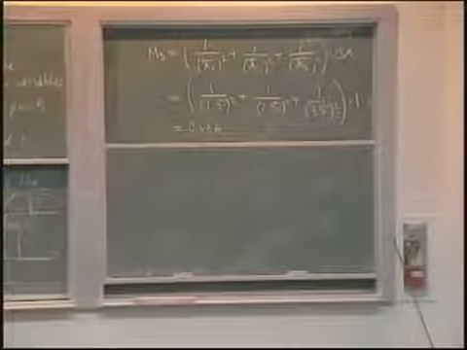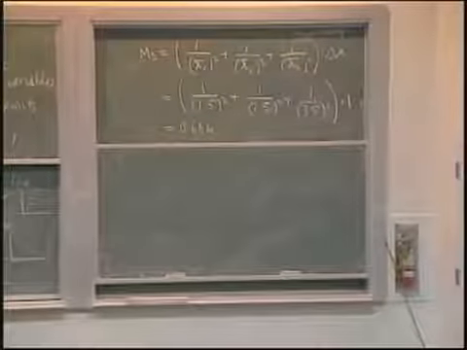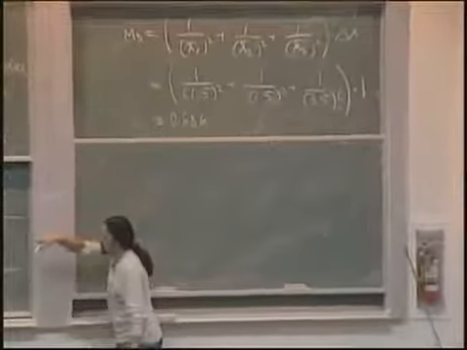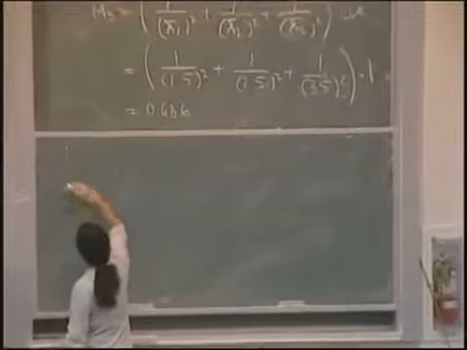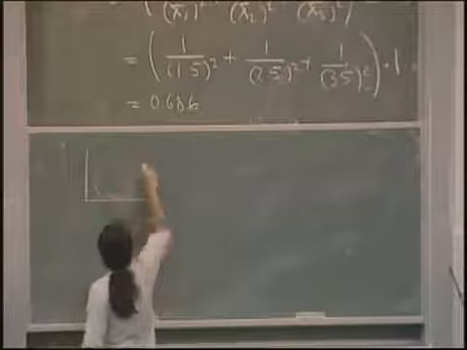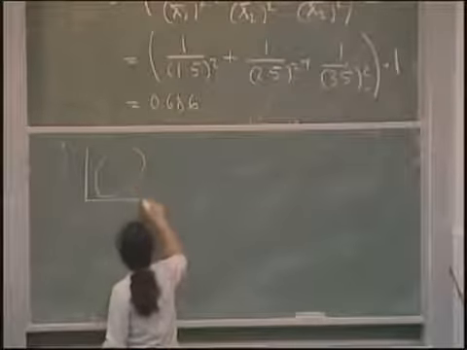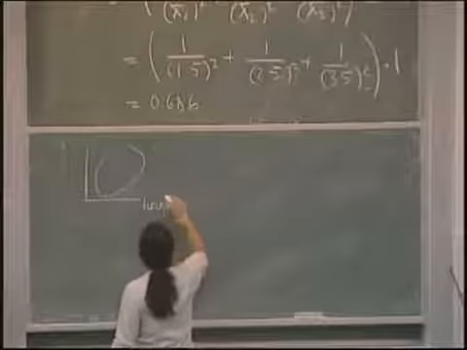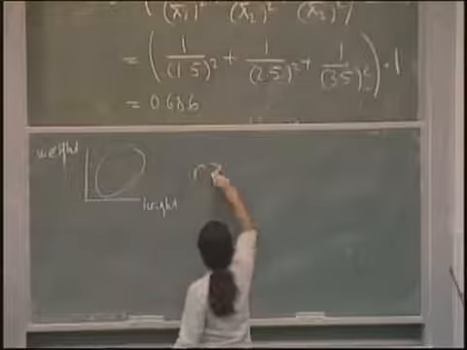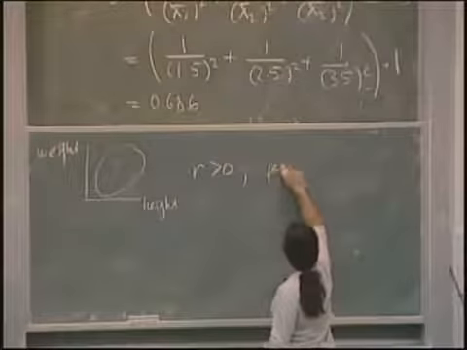That picture there might have a correlation of, I don't know, maybe around 0.6 or so. So this is height, weight. So r is bigger than 0, perhaps 0.6.